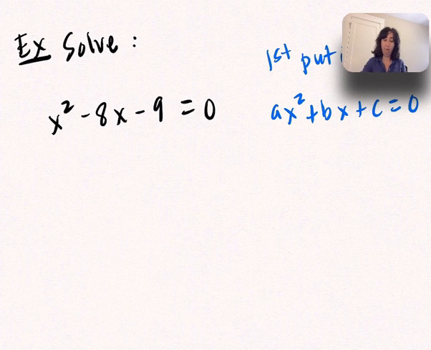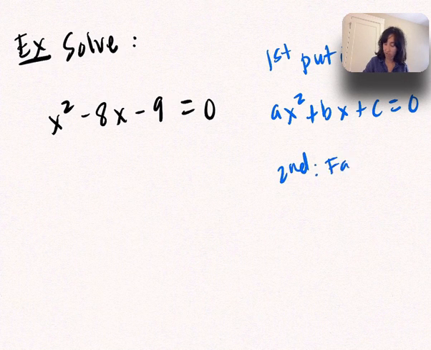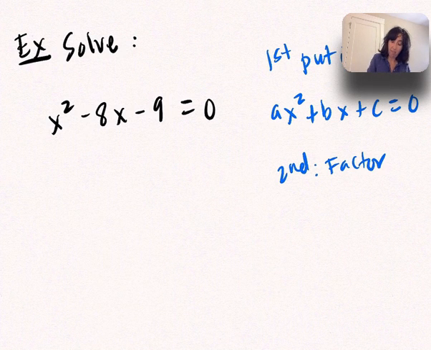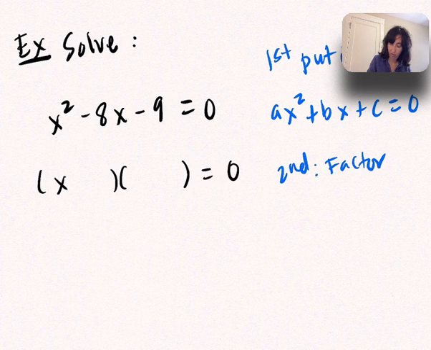After it's in this form, you want to factor it. So you're going to take the stuff on the left here and you're going to factor. So this equation factors into, let's see here, we put a 9 and a 1 and a minus and a plus.